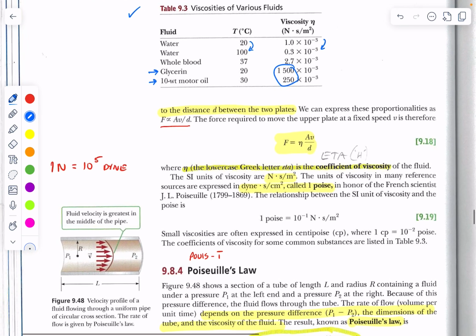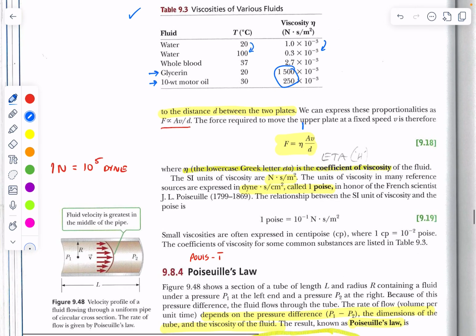So we can express all of this in this equation right here. You would expect that the cross-sectional area, A, is going to be proportional to your force that pushes the fluid through the tube.